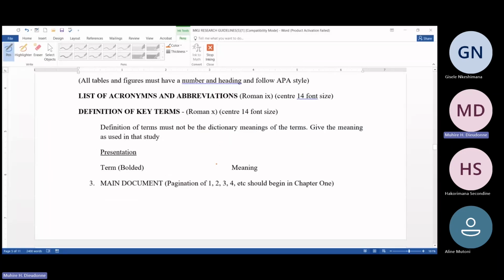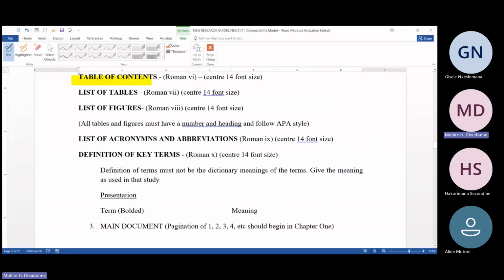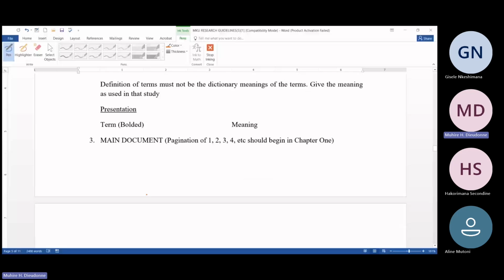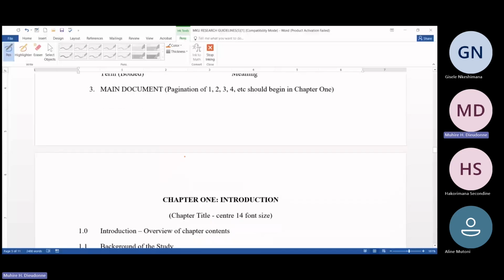So those key terms must be defined, and make sure that you are giving the definition and also reference. And also another thing, make sure those key terms are from your topic. Then from there we may start with chapter 1.